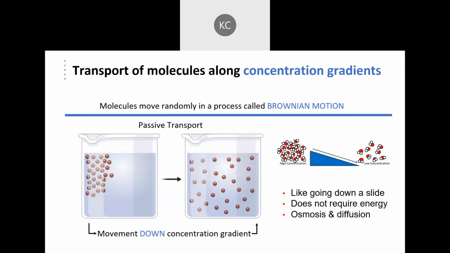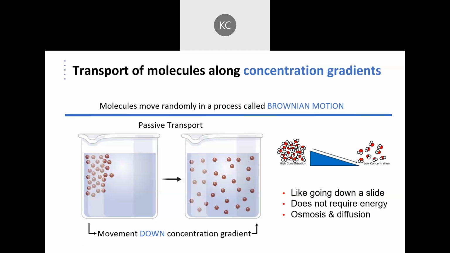All right. Now, when you have a group of molecules that are highly concentrated in one area, there's going to be a tendency for them to move via this Brownian motion down their concentration gradient, right? So move from where they are highly concentrated to where they are not as highly concentrated.